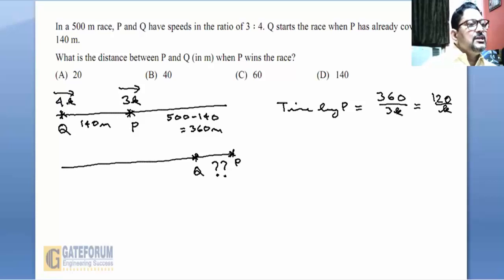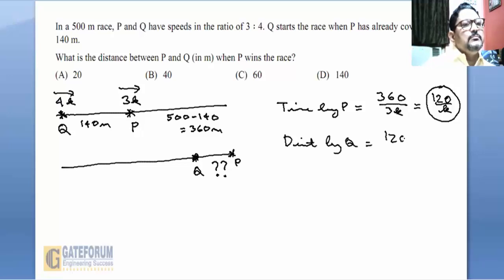But then Q from the start till this position where it is at the end of the race must have run for this time only. So what is the distance covered by Q? That would be the time into the speed of Q, and that comes out to 480 meters.